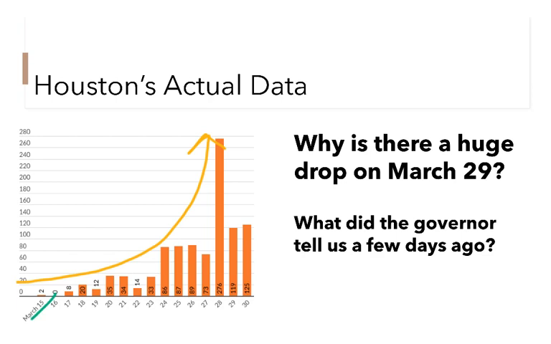So now, in this picture of what happened, it was increasing exponentially, but then something happened on March the 29th. So March 29th was a couple days ago. What happened a few days ago? So around that time, Governor Abbott said, whoa, whoa, whoa, we need to start social distancing. When people are around each other, they are able to catch this virus because people are coughing and sneezing and germy.